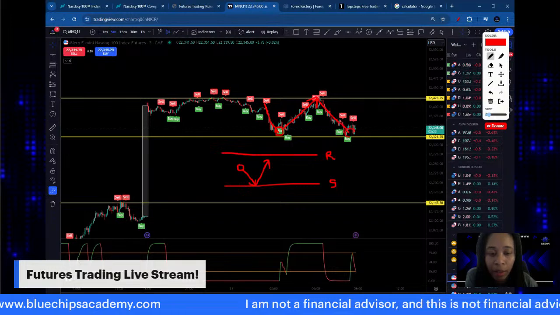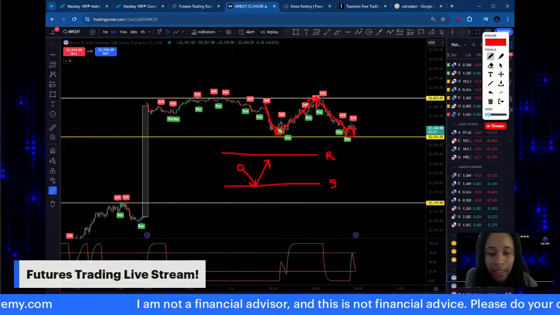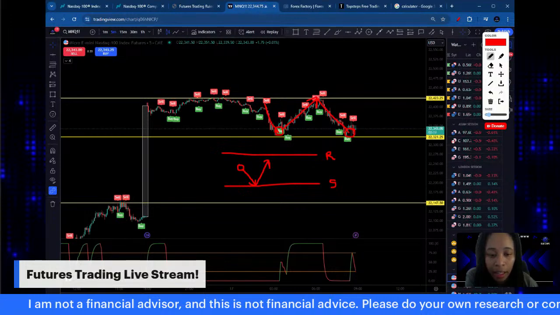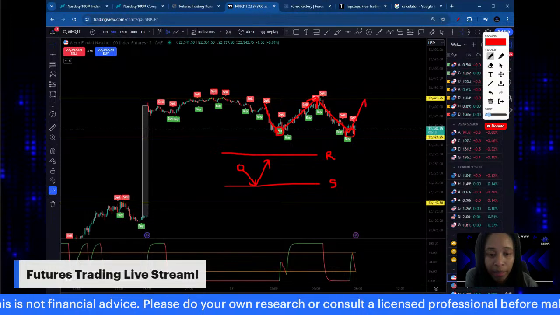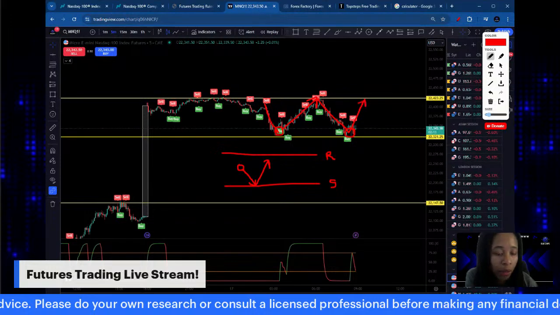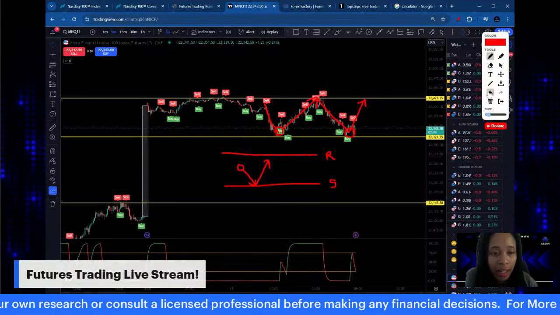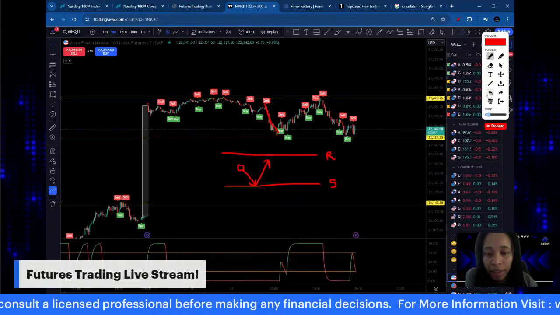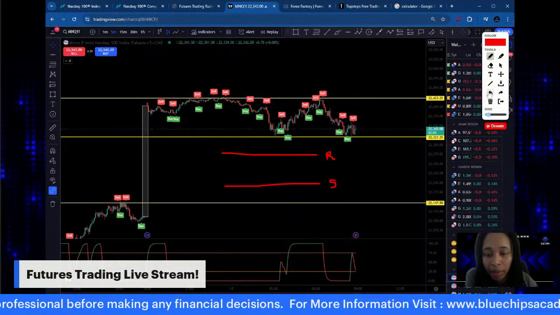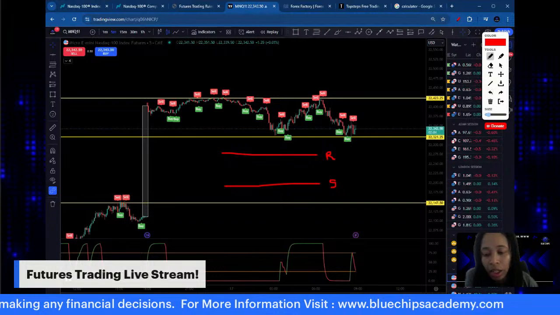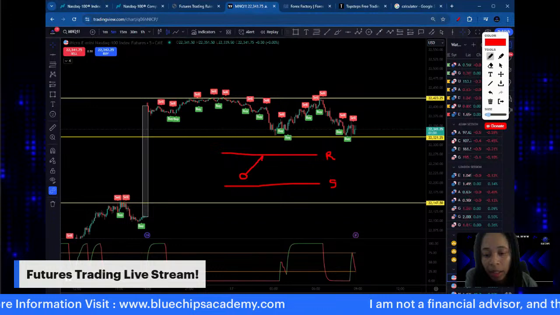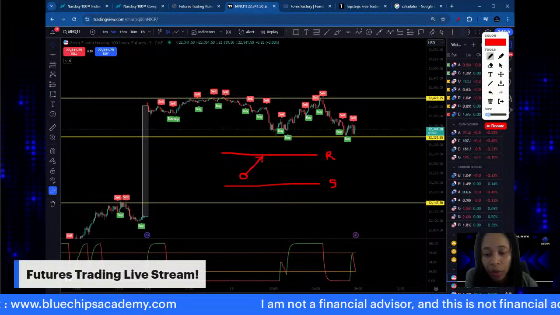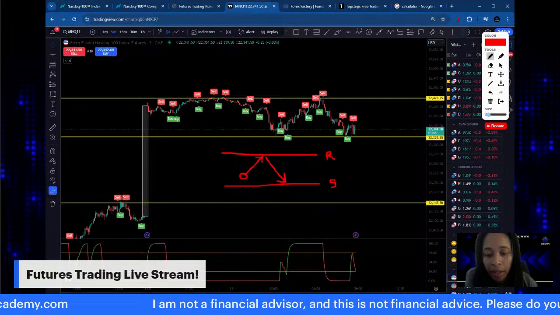So we're back at this same level here. Price is here at the floor. If this is a strong level of support, there's a high chance that price can bounce back up, which is another reason why we're looking for a buy. So that's support. Now resistance is the opposite. Resistance is your ceiling. If you threw the ball up to the ceiling, the natural reaction is for it to come down.